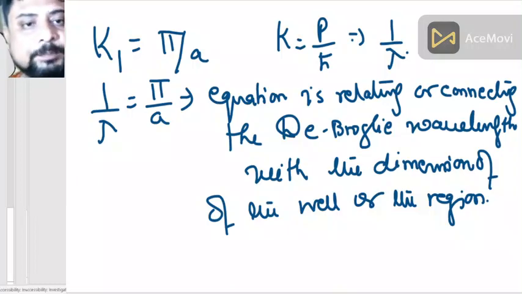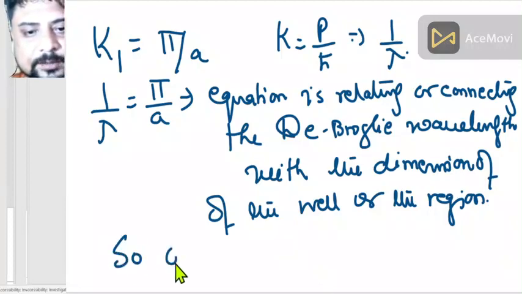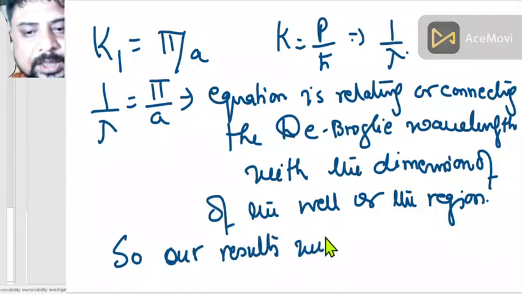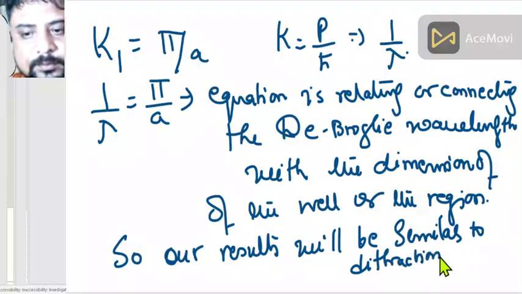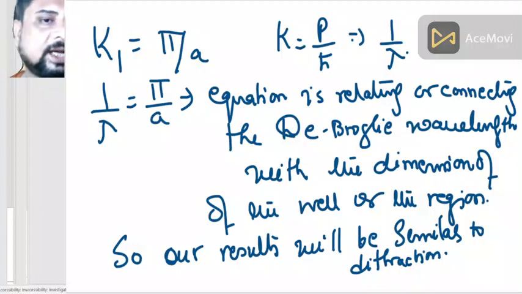I am calling it a box, or you can call it the well, or the region. And whenever we have an interaction of wavelength and geometrical properties, size of the object, depth of the region, we are getting results similar to what? Diffraction. So our results will be similar to diffraction.